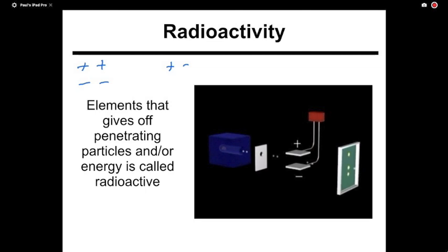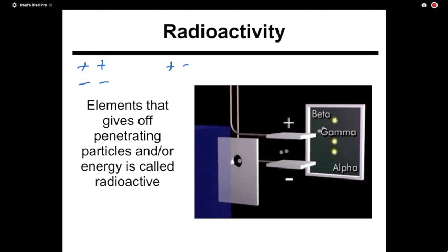If you take a look at the beta, what charge is the beta, okay? Think about it. Which one is it going away from and which one is going towards? It is negative because it's going away from that negative plate and towards the positive plate. Oh, what charge was the alpha?